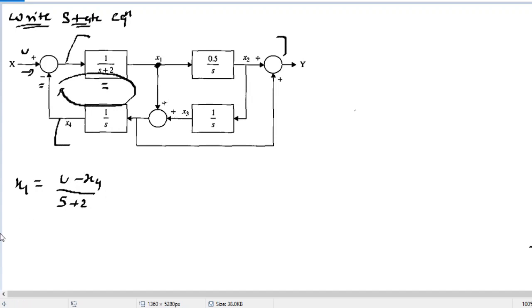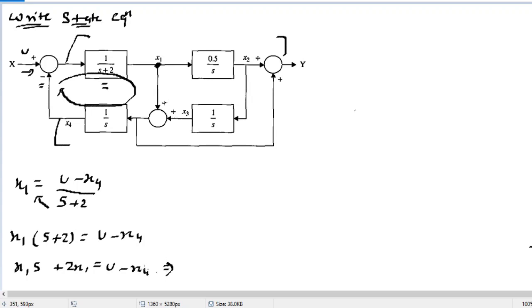We have to solve that equation to get x1. We cross multiply, so x1 times s plus 2 equals u minus x4, which becomes s x1 plus 2 x1 equal to u minus x4.